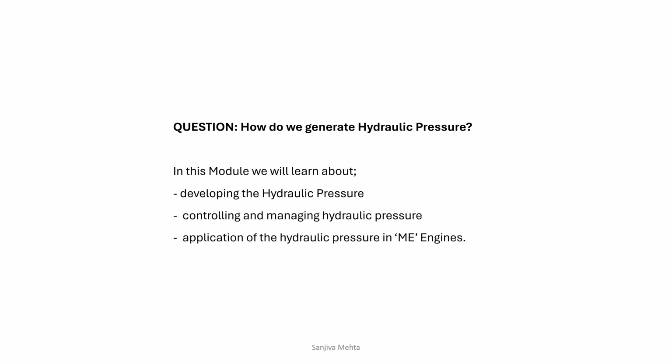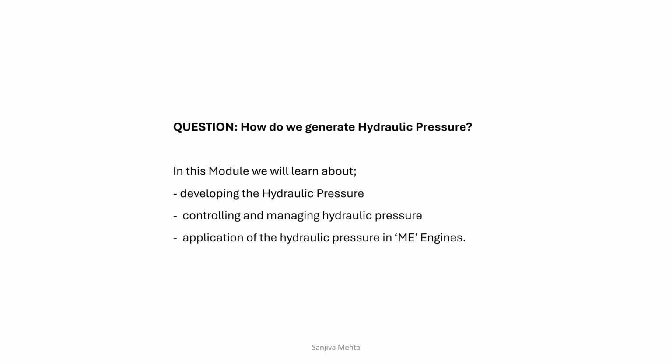In this module, we will learn about developing the hydraulic pressure, the possible methods, and the pumps; how the pumps are controlled, how the hydraulic pressure is controlled and managed, the set point, and how the pressure we have set is maintained.